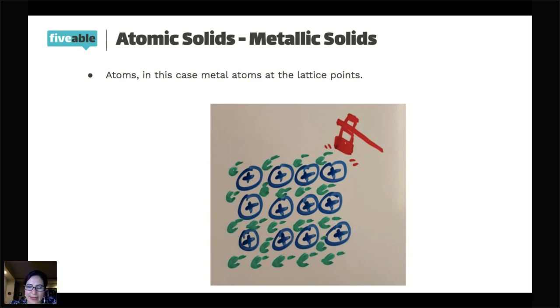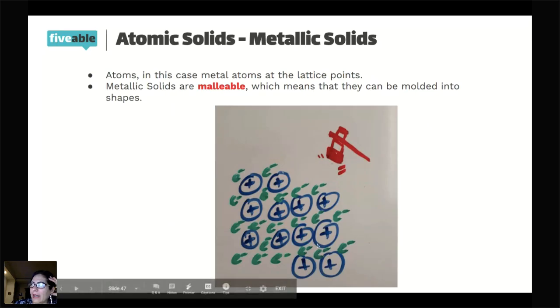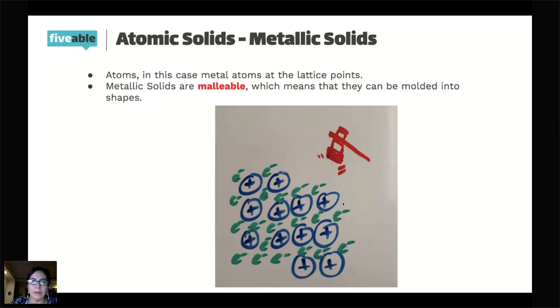Think of it as marbles in water. Can we move the marbles in the water? Yes, we can, and they only get distorted, or we can change their shape. So that's why we can make shapes with metals, like the faucet in your kitchen, or these needles I have here.